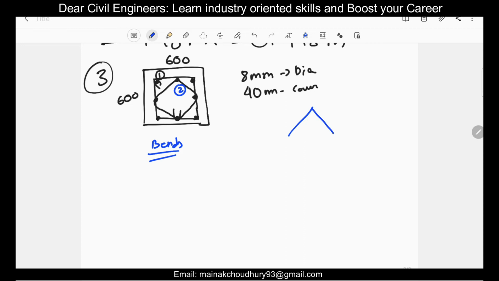If I just zoom the picture here like this, so actually all these are 1, 2 and 3, these are the 90-degree bends. Okay, so we have three number of 90-degree bends here. So when it comes here, one portion goes like this, another portion goes like this. So here we have two numbers of 135-degree bend, and three numbers of 90-degree bend.